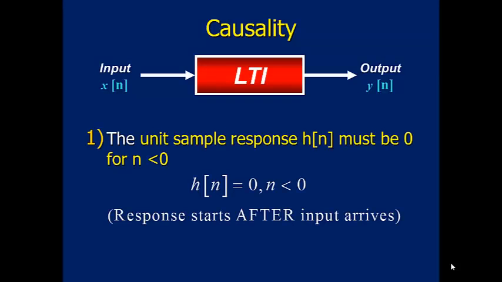For causality, there's a nice simple test for a unit sample sequence. For a causal system, its unit sample sequence h of n has to be 0 for any value of n less than 0. In other words, you're not allowed to respond before the input arrives. Input arrives at n equals 0.